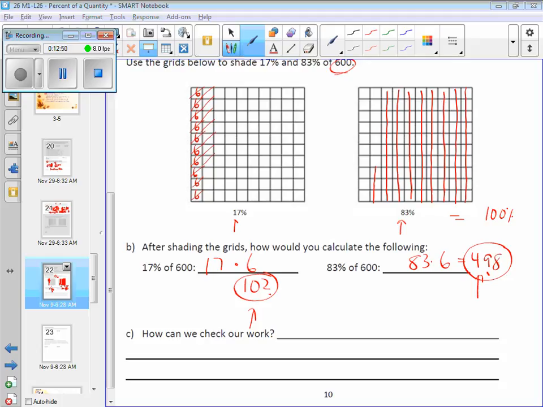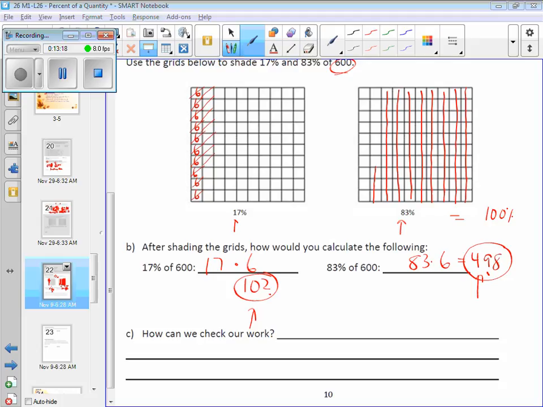See if you just kind of grasp the concept. What if I told you the whole grid is worth 200 and I shade 17%? Well, let me ask you this. What numbers would I multiply first? Madison. 17 times 2, because each block would then be worth 2 if the entire grid is worth 200.